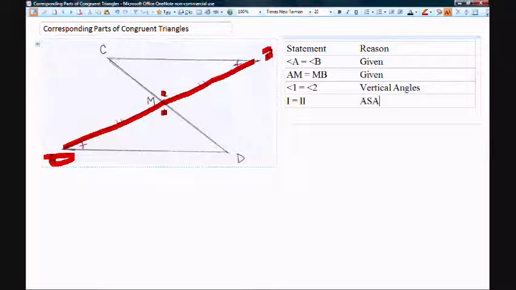Now that you're done proving that triangle 1 is congruent to triangle 2, you should write out a paragraph.